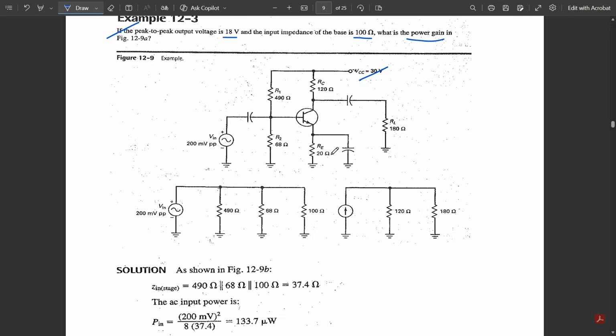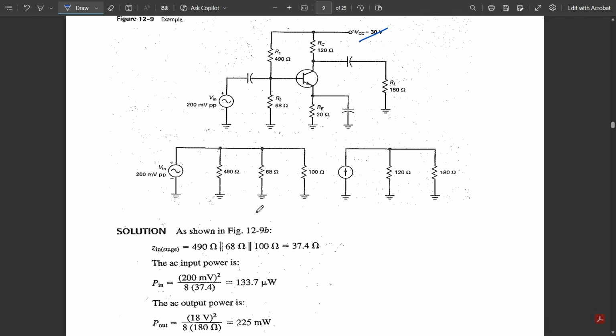At this side we have 120 minus 20, because based on the characteristics of the NPN transistor this could get subtracted, so we get 100 ohm, and this would be replaced by a current source, then this 120 ohm and 180 ohm in parallel.